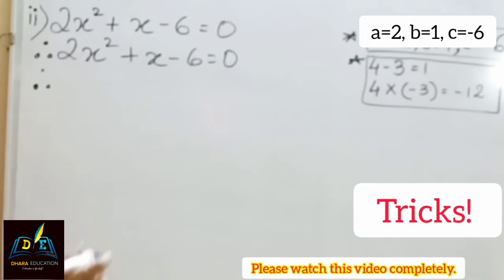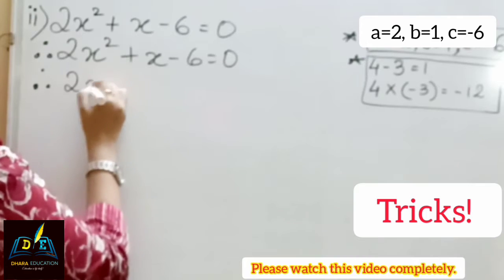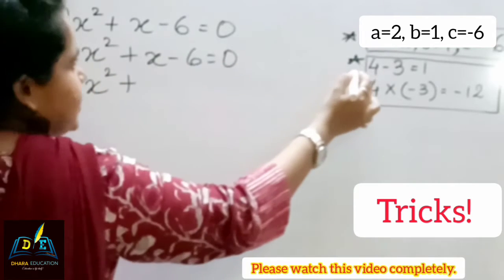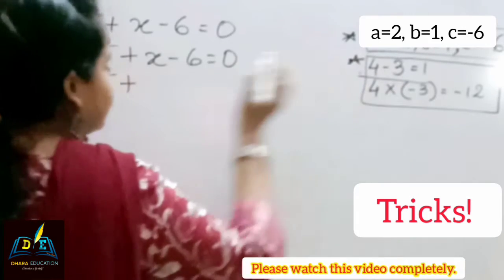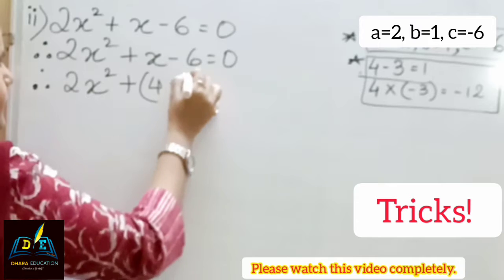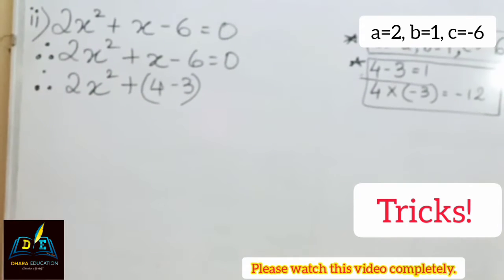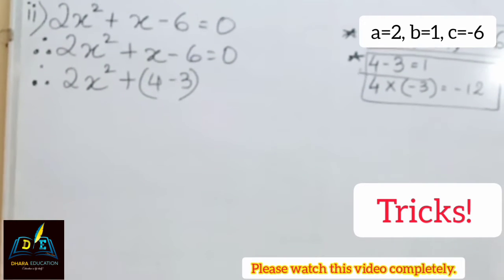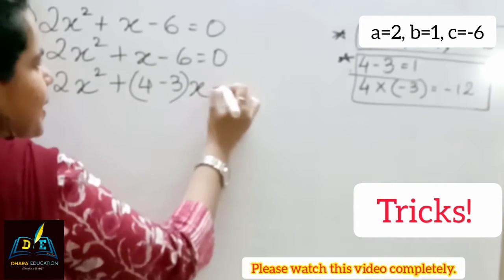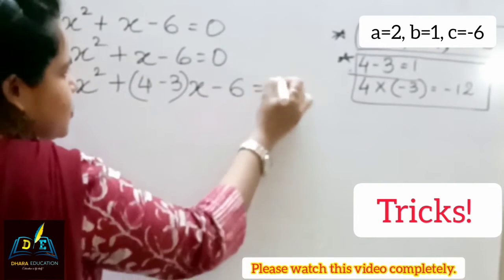What will be the next step? 2x² as it is. Plus we need to take this particular thing. So 4 minus 3. Am I clear? So students, 4 minus 3 x minus 6 is equals to 0.